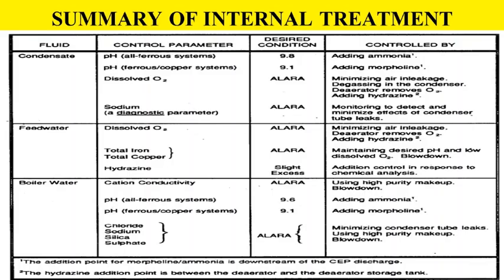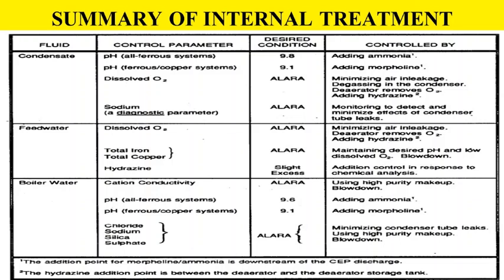Let us sum up the internal treatments. For condensate, pH, dissolved oxygen, sodium ion are important parameters and they have to be maintained with appropriate arrangement like ammonia dosing, morpholine dosing, and their desired condition is ALARA, that means as low as reasonably achievable. Similarly for feed water, dissolved oxygen, total iron, total copper, hydrazine are important control parameters.